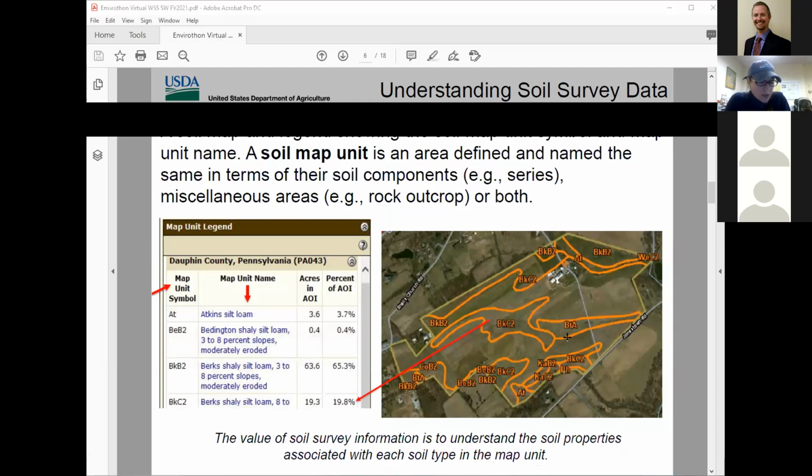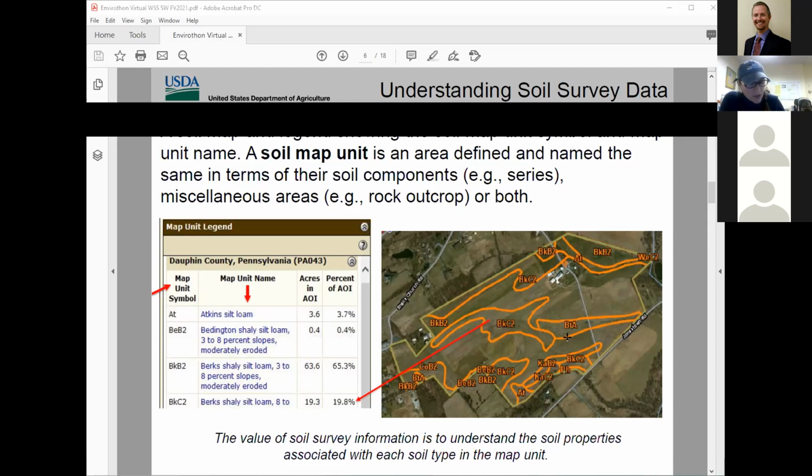The soil map shows soil boundaries or polygons labeled with a soil map unit symbol. The legend shows the map unit symbol and the map unit name. It also has acres in the AOI, meaning area of interest, and the percent of that area of interest.